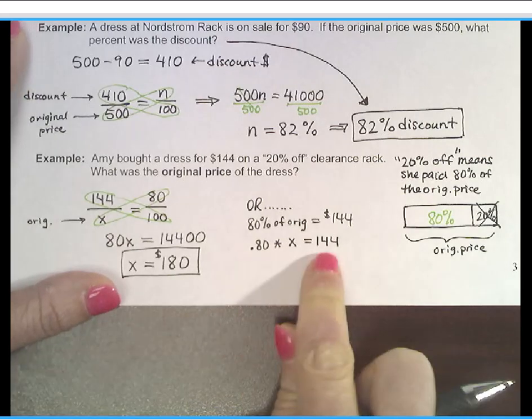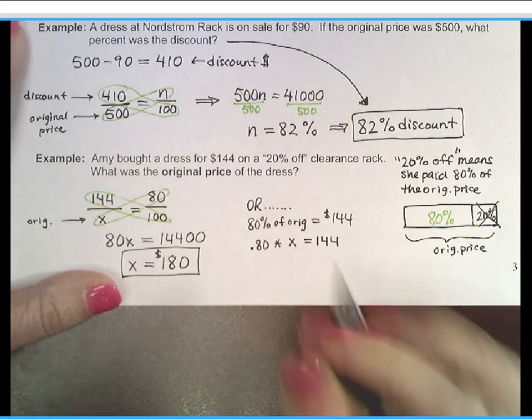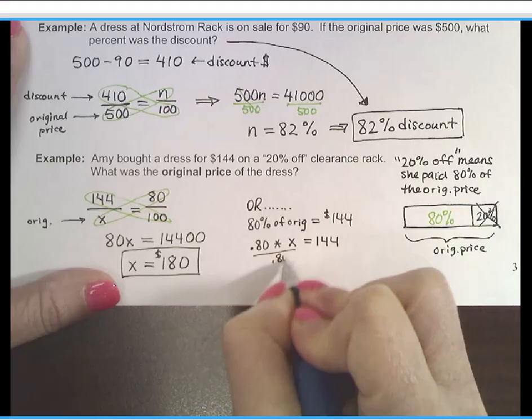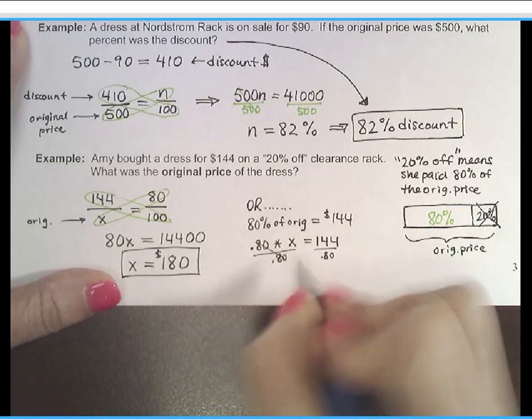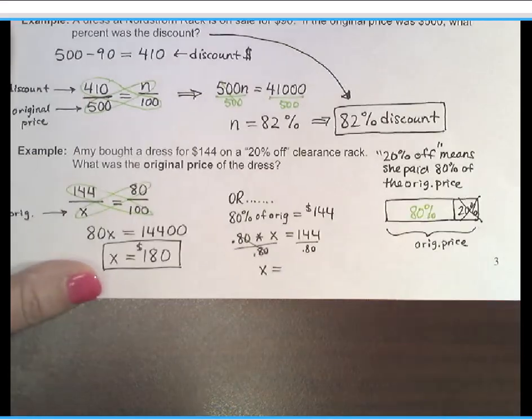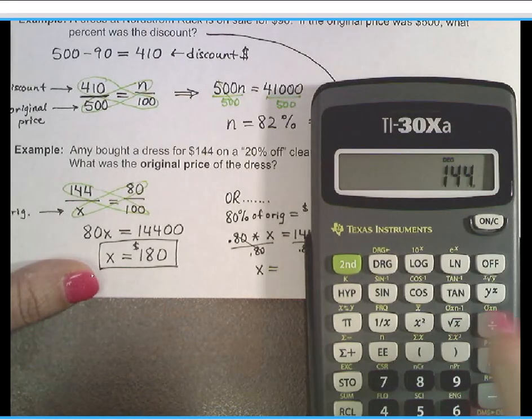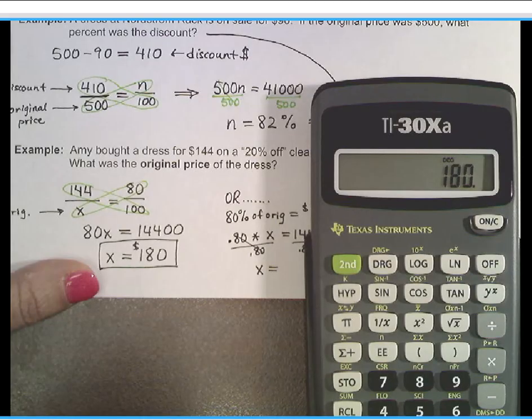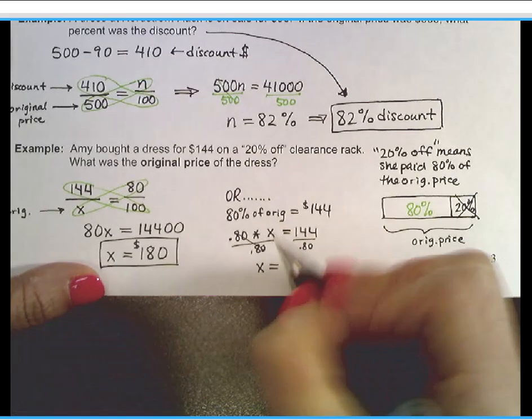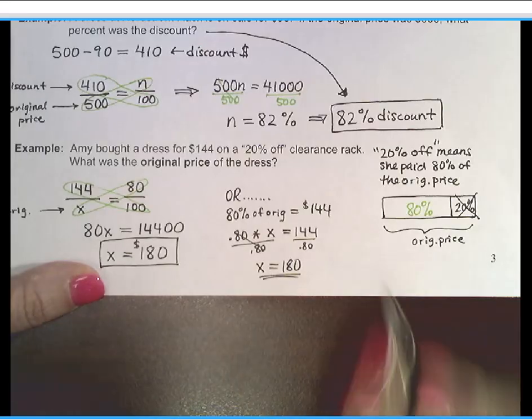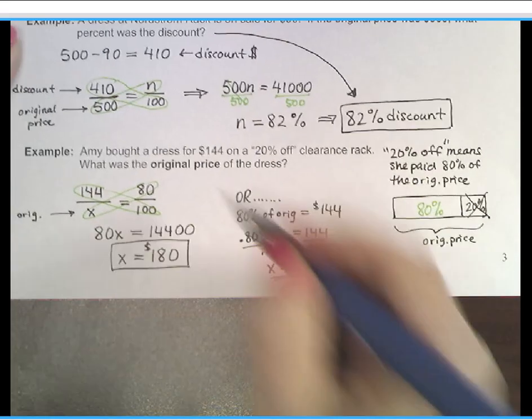And how would you solve this little equation? You would divide both sides by 0.80. And when you divide 144 divided by 0.80, you get 180. And that's the original price of the dress.